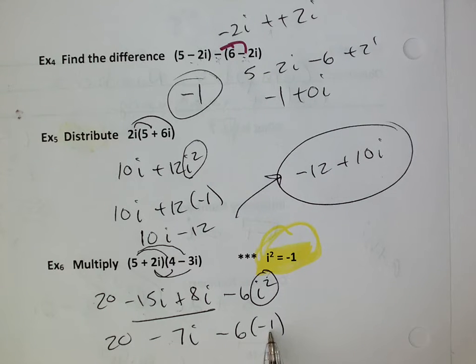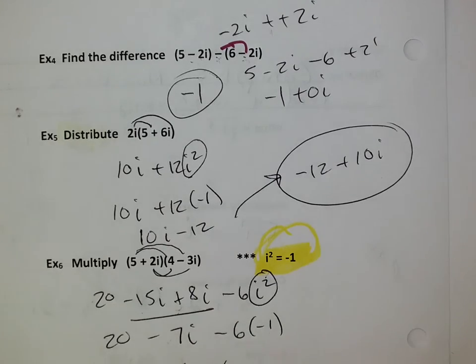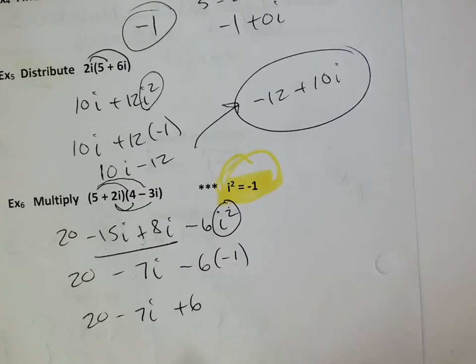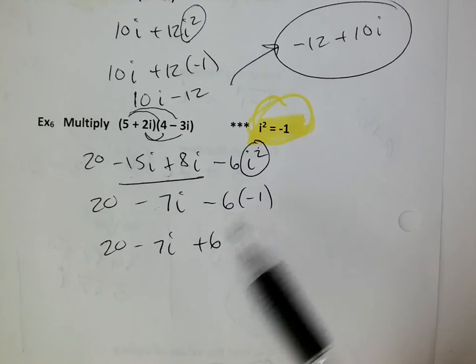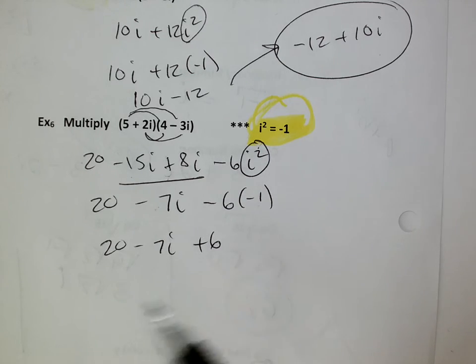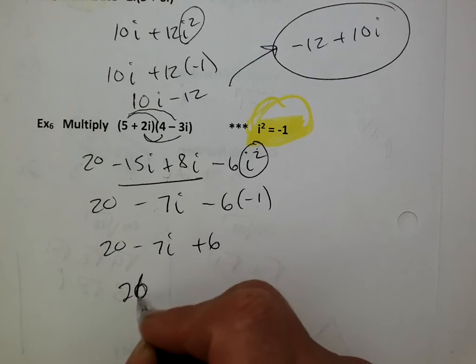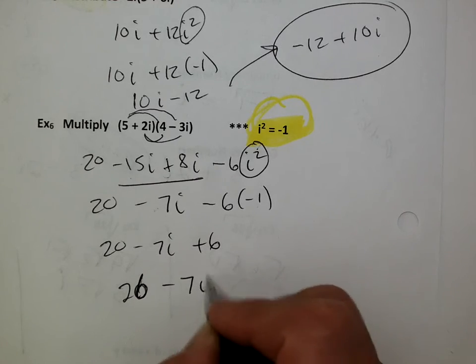So then I've got 20 minus 7i plus 6. Plus 6 because negative 6 times negative 1. Oops, sorry, my bad. Okay, positive 6. Now, 20 and 6 makes 26. 26 minus 7i, and that's my answer.